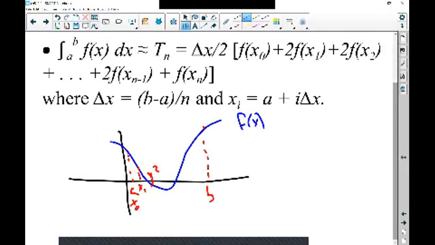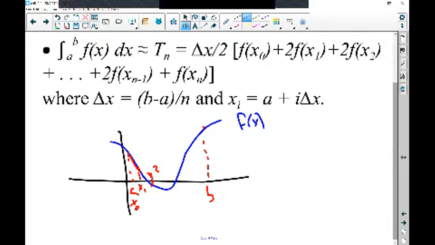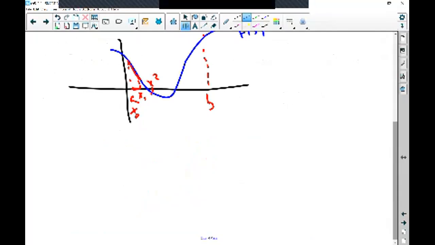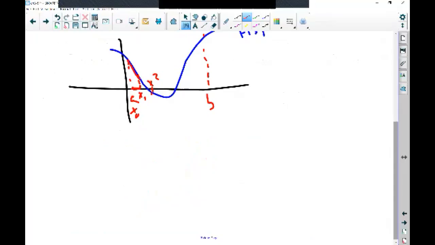So what we're looking at is a trapezoid where the height of the trapezoid is our delta x. And f of a is one base, f of x sub 1 is the second base for this first trapezoid.